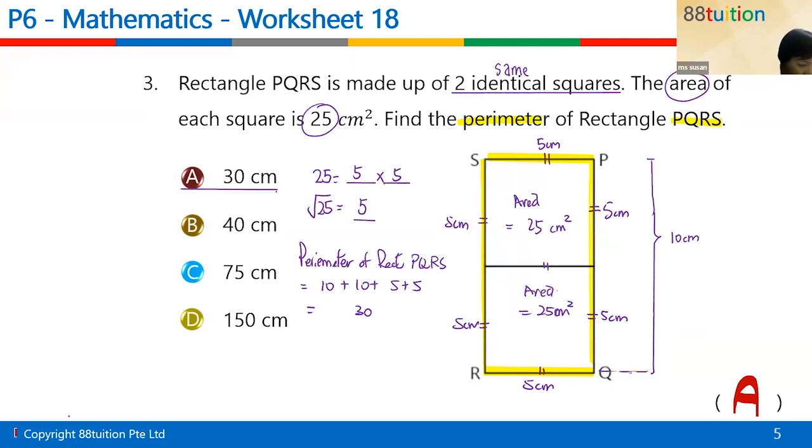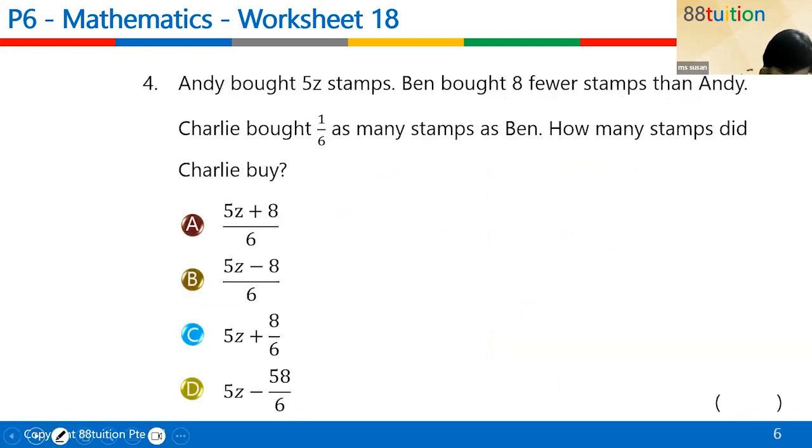Okay, question number 4, let's take a look. This one is quite okay. It's about algebra, first topic you learned in P6. Andy bought 5z.